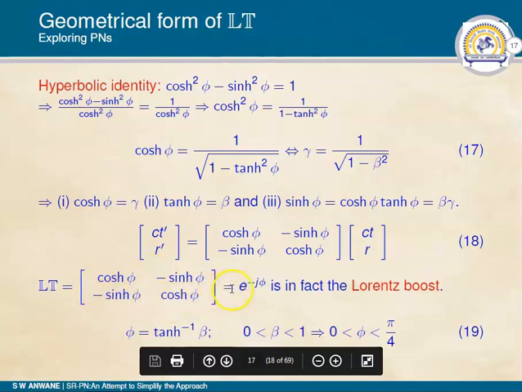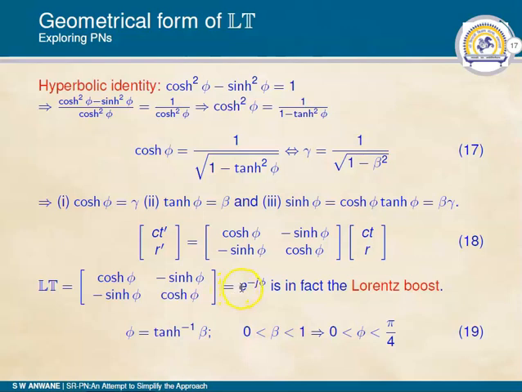So it is equal to 1 into, you can ignore writing that, e to the power minus j times tanh inverse of the y component upon the x component, which on simplification gives e to the power minus j phi.